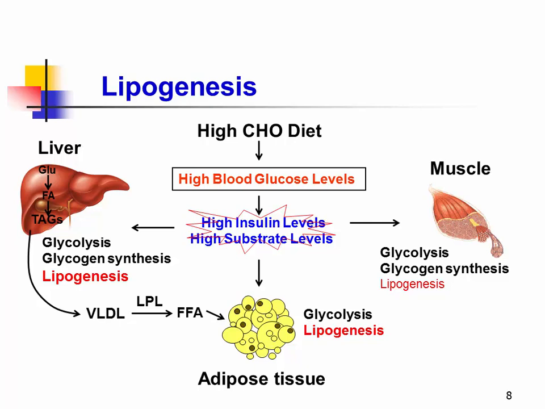So this is the whole process. Triglyceride can be synthesized in both liver and adipose tissue, but adipose tissue is the main site for triglyceride synthesis, right? Does that make sense?